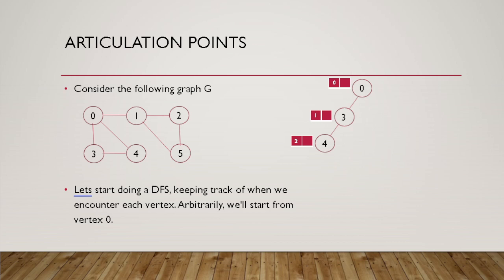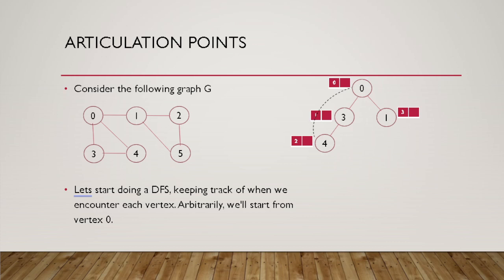Then from vertex 0, there's another child, so it goes to vertex 1. But when we were at vertex 4, we will have seen that there's also another edge going from 4 to 0. That's one of our spares. That's a back edge. We call these spares back edges, in case I didn't mention that earlier.